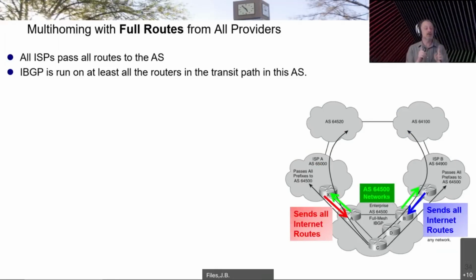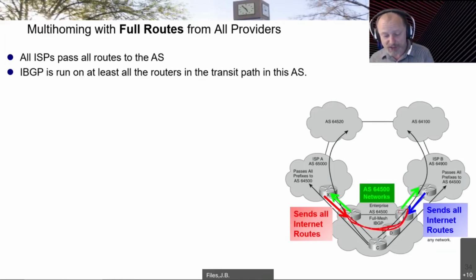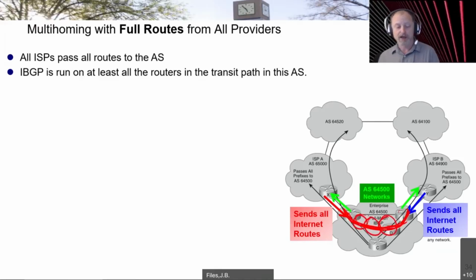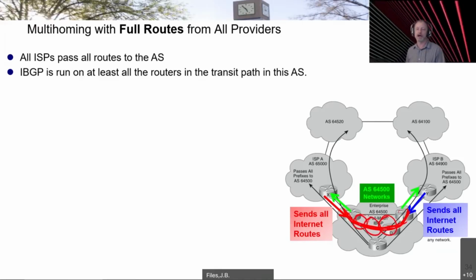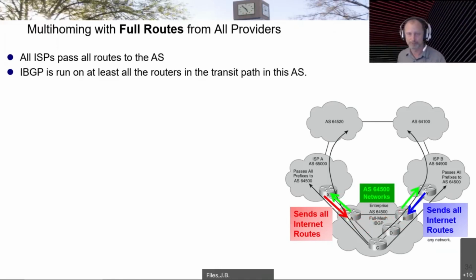Now, I'm not saying we're a transit autonomous system. I'm saying whatever the transit path is between these two routers, all of those routers along that path are going to run iBGP. Okay, we'll talk more about that concept too.